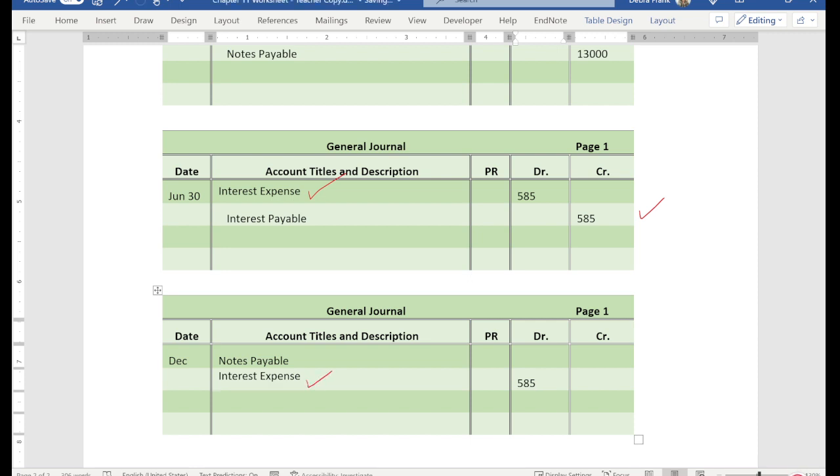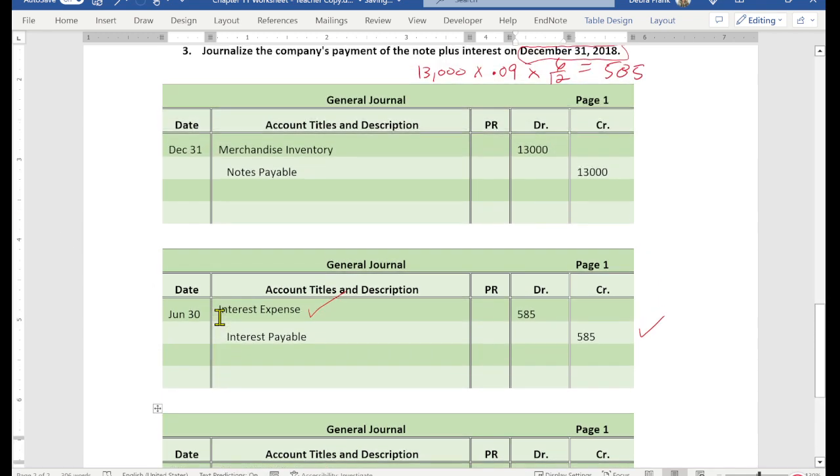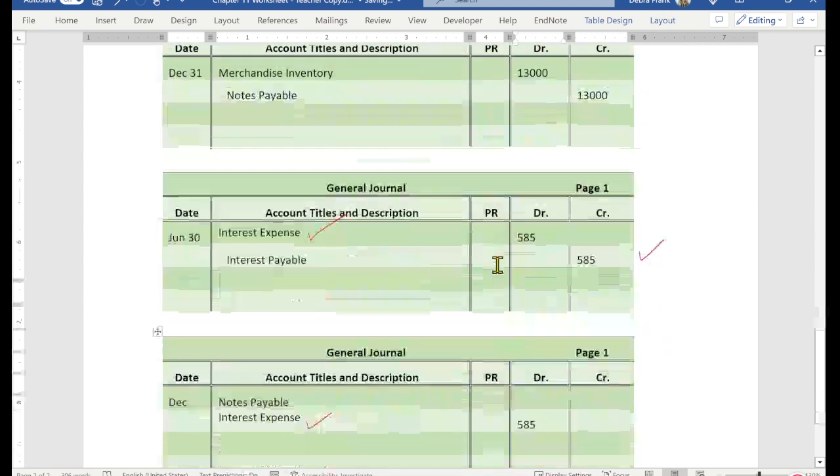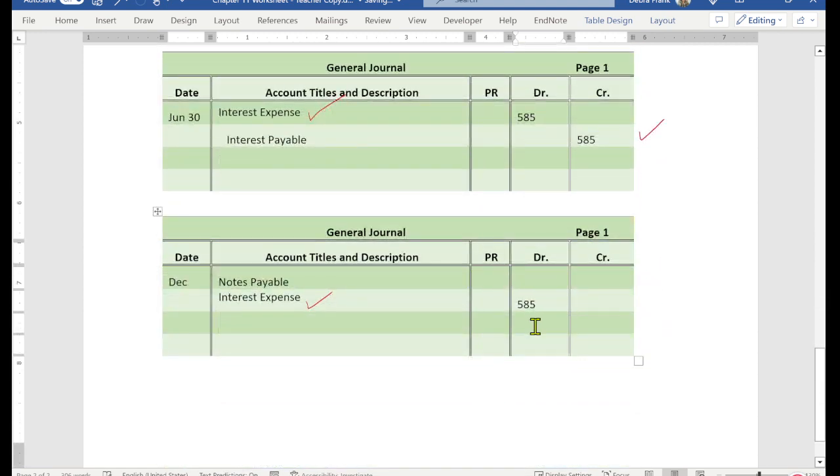So that's that part. And then we have that note. We're now paying for the note, so they're making the payment of the note plus the interest. We had a note payable for 13,000, so we're going to do a debit for the notes payable for 13,000. Let's go ahead and record that.